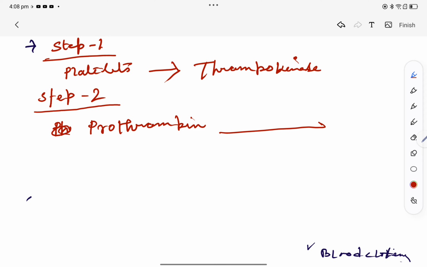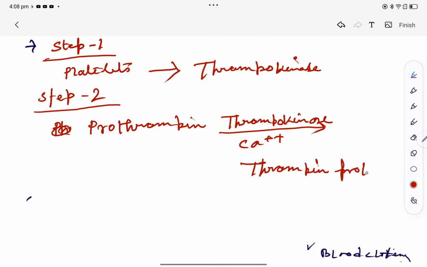With the help of calcium ions and this thrombokinase, it forms thrombin protein. Now this thrombin protein is what? It is enzymatically active. That's why this conversion is needed, because thrombin protein is enzymatically active.